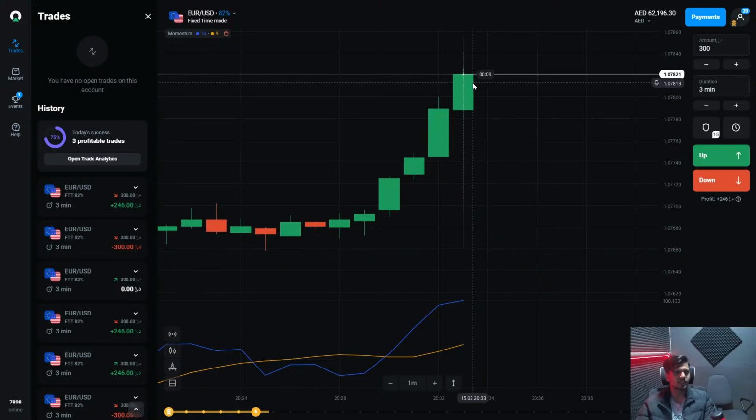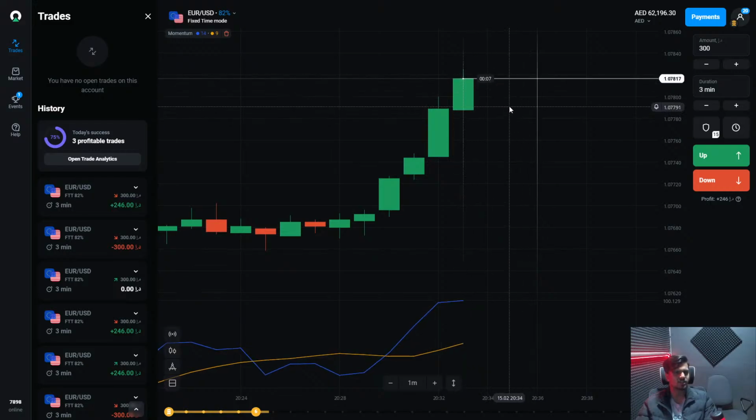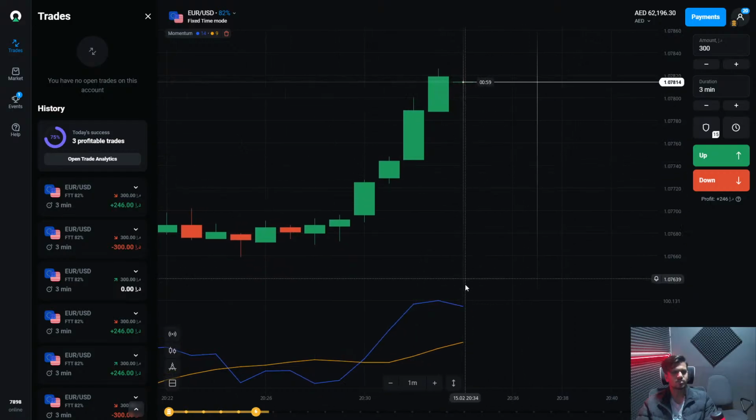Let's wait for 10 seconds and it will give us a new Japanese candlestick and the new momentum lines in the new direction. Only 3 seconds remaining, guys. 2, 1, and it is still moving to the downward, you can see, but here it will move to the upward.